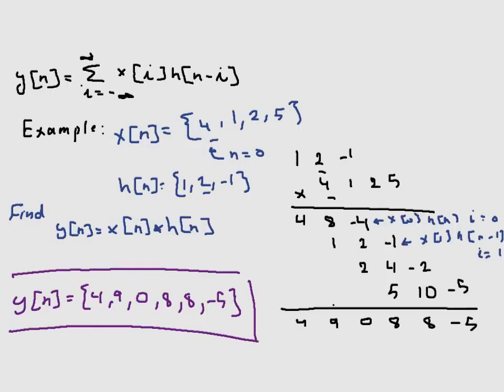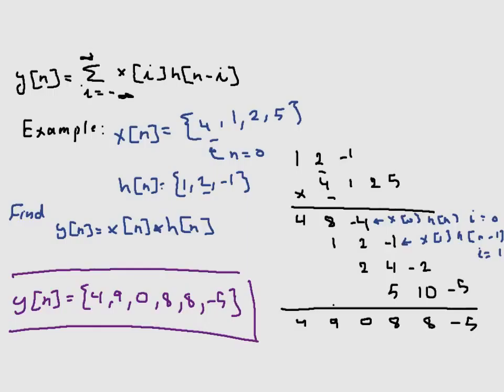Now I'm going to multiply these together. 4 times 1 equals 4, and 4 times 2 equals 8, 4 times negative 1 equals negative 4. What we see here amounts to the value x[0], which is 4, times the impulse response h[n-i] with i equal to 0.